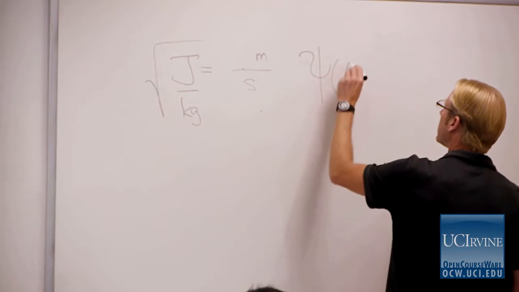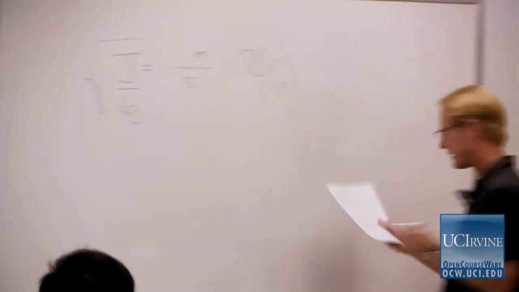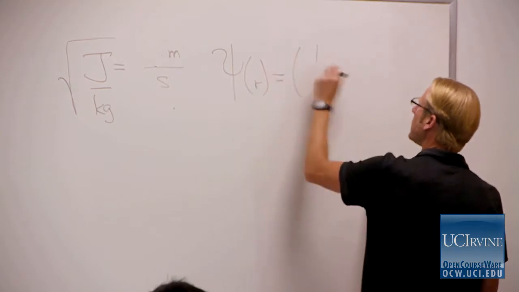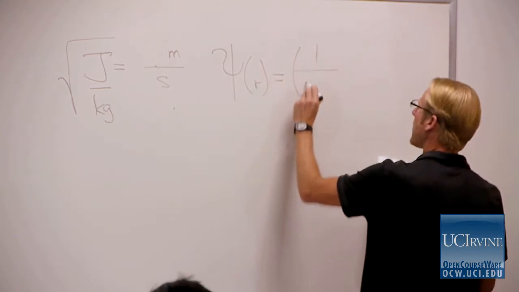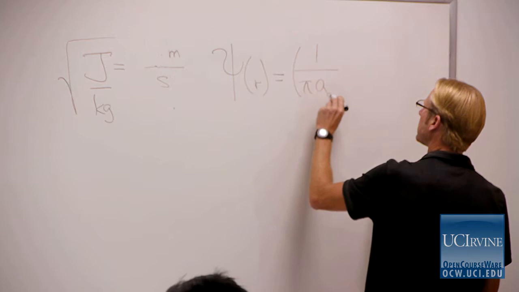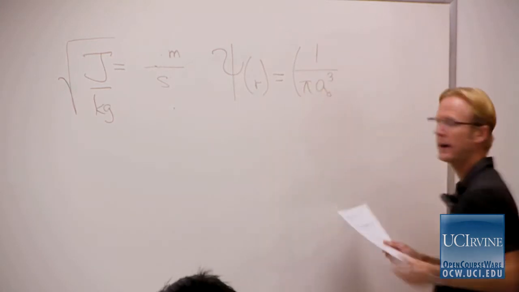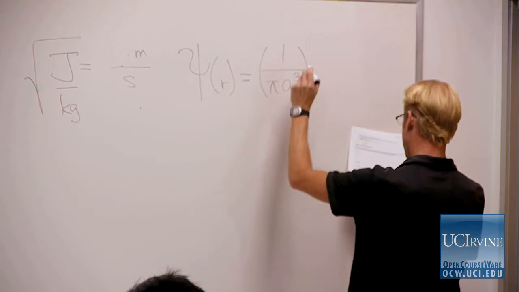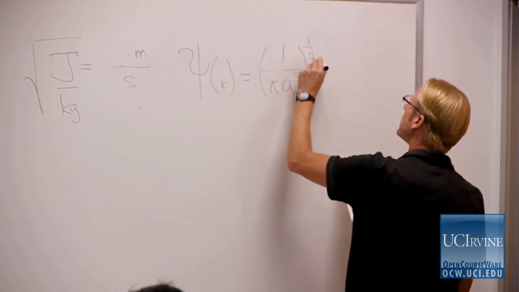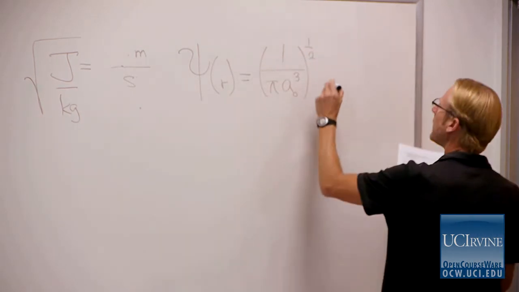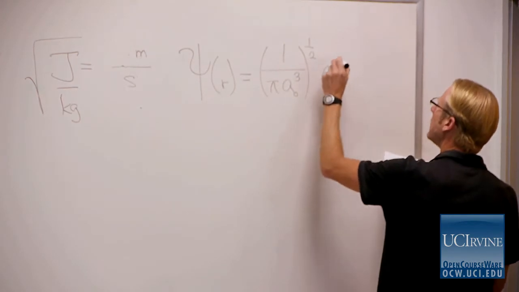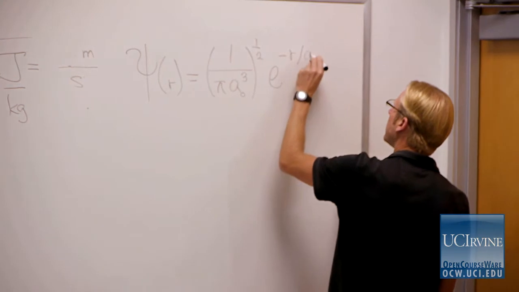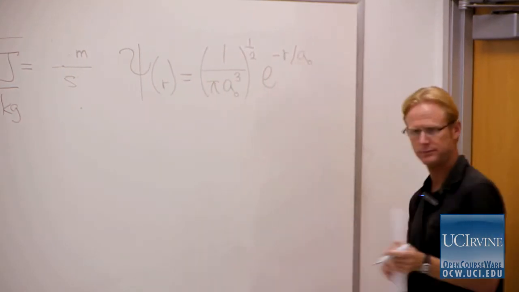Psi of r, r is the distance of the electron from the nucleus, is equal to 1 divided by pi times a constant, which is known as the Bohr radius, A0, cubed. All right, and that's square root. And then its dependence on the distance r from the nucleus is e to the minus r divided by the Bohr radius.